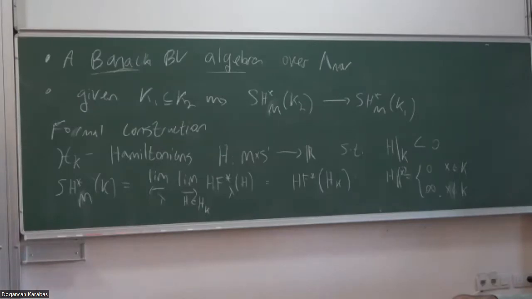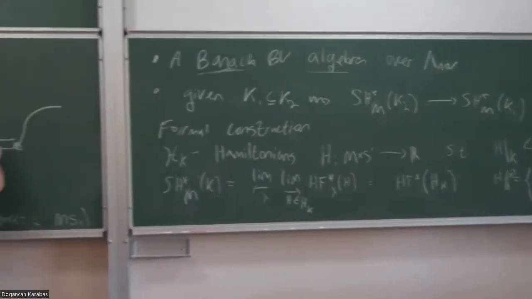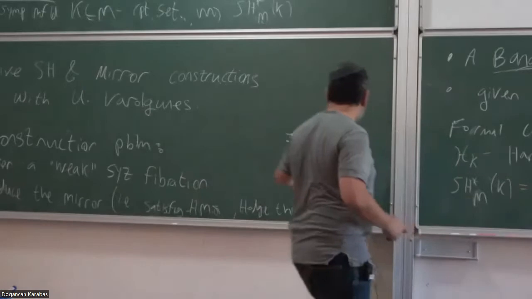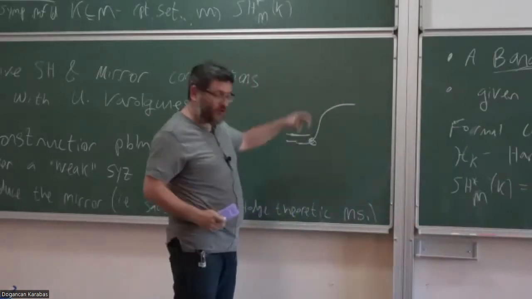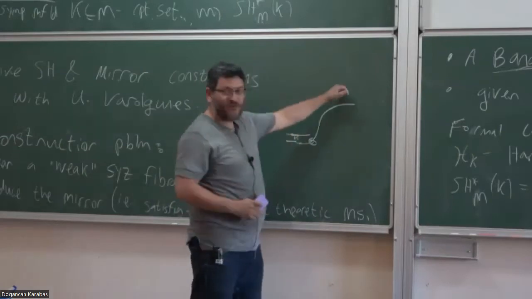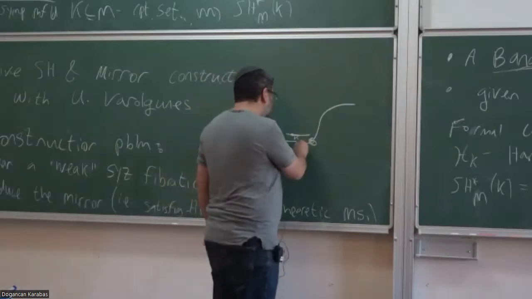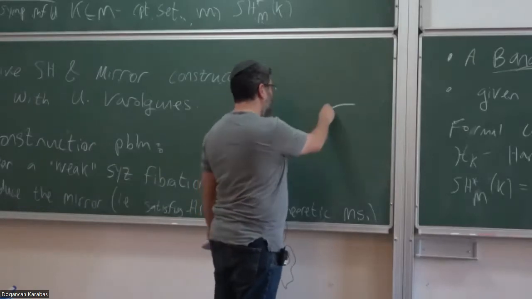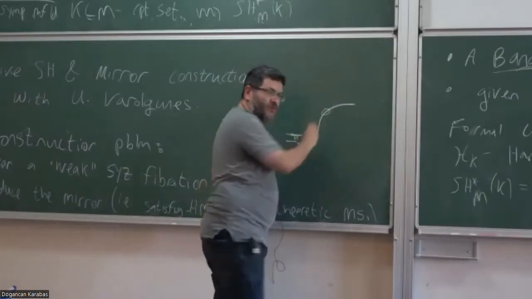In practice, when you have a compact set, let's say this is K, and this is your function. You're basically trying to approximate it by an S-shaped function, something which is close to 0 on K. In practice you get critical points here, periodic orbits here, additional periodic orbits here, and then critical points here.